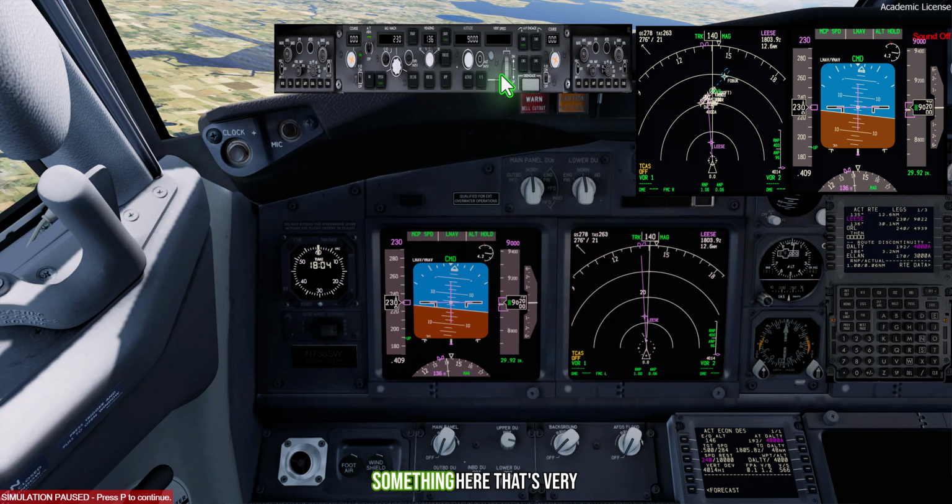Now I'm going to show you something here that's very important. When I go to engage VNAV and I engage the button and it doesn't engage, treat it like any other computer that you try and execute an action on. Give it a second chance. Hold the button a little bit longer.